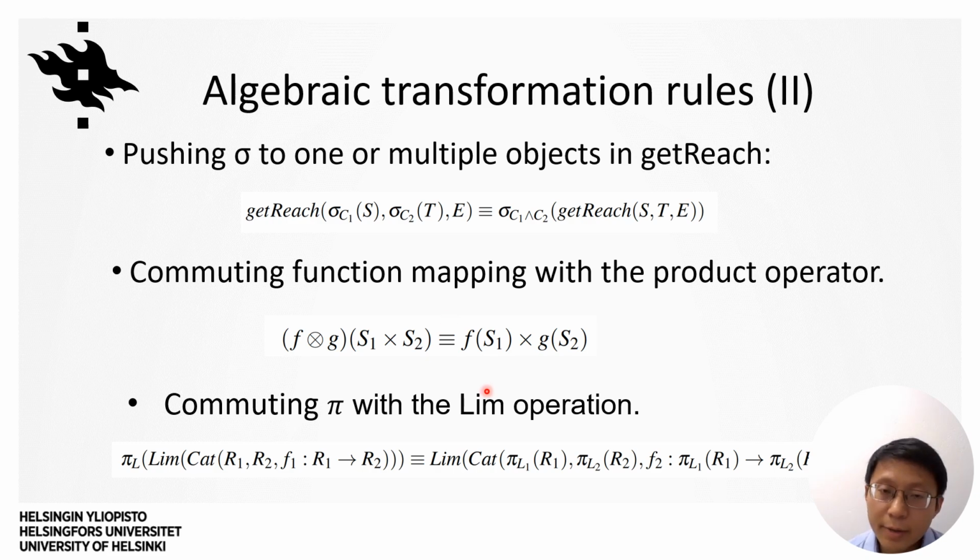The second formula shows that if we want to do a Cartesian product between the two sets, Fs1 and Gs2, then we can first compute the Cartesian product and then apply the product of these two functions, which is also equivalent. The third formula shows that we can commute the pi projection operation with the limit operation. So we first do the projection, then we compute the limit.